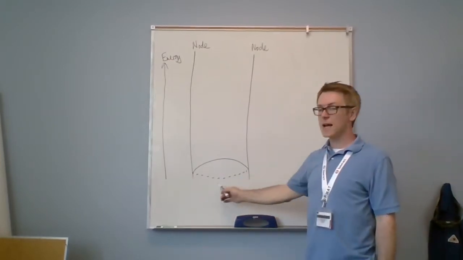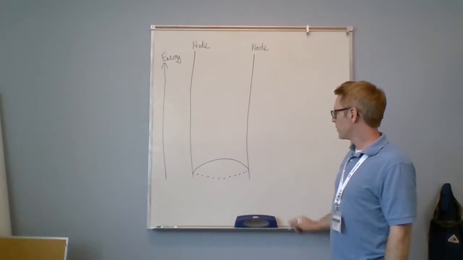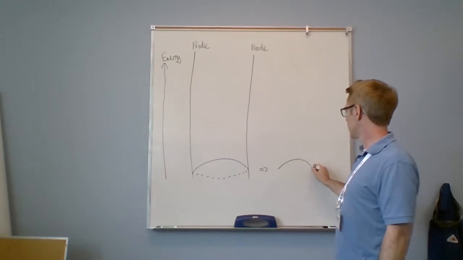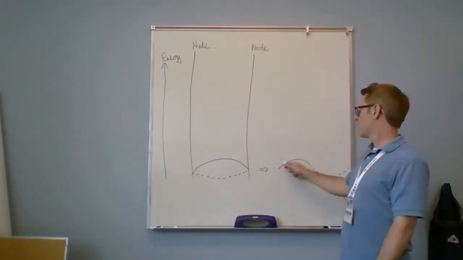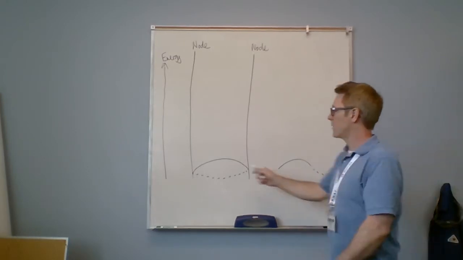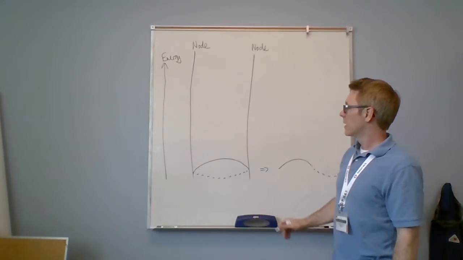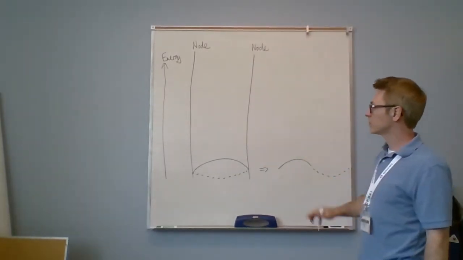So if you imagine the dashed line is the returning wave, it could be, for example, like this, but instead of propagating forever, I've just got it going back and forth between two nodes. So that works out because I have this continuum.